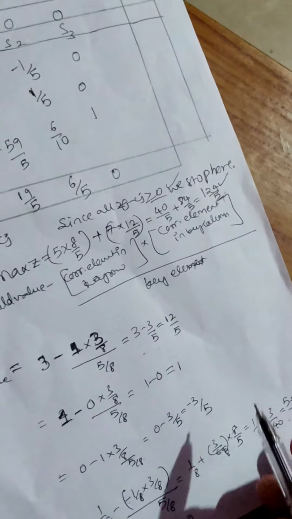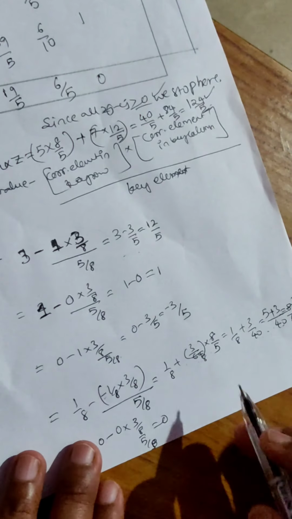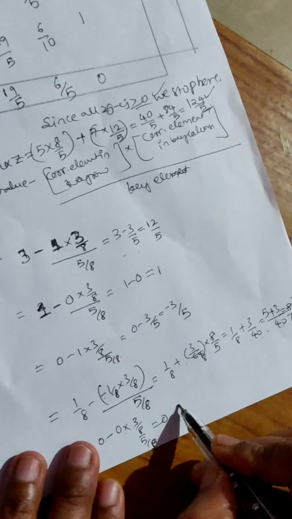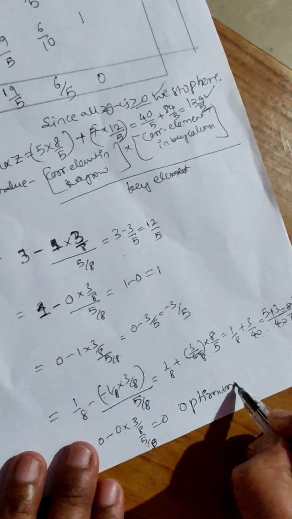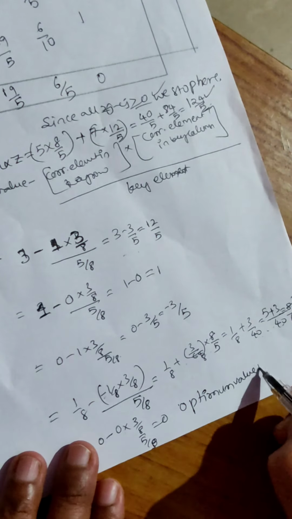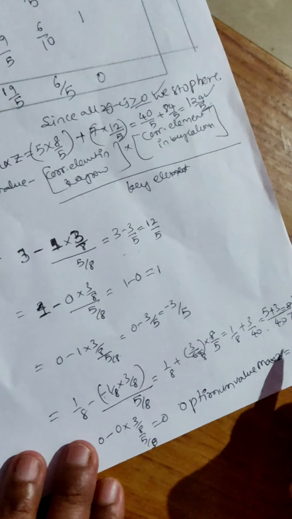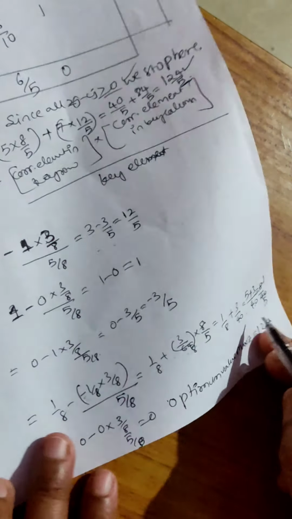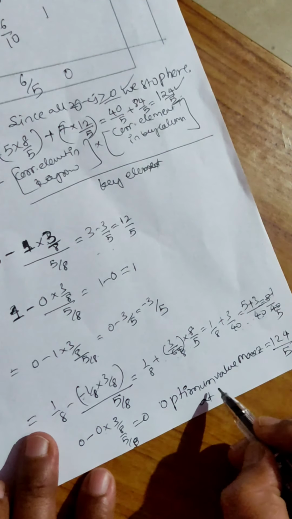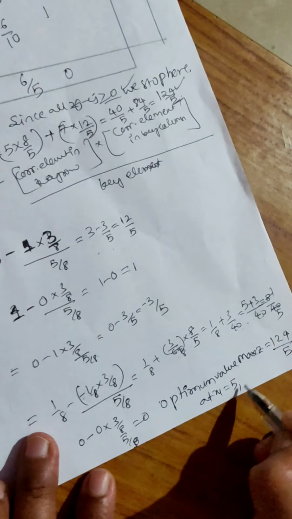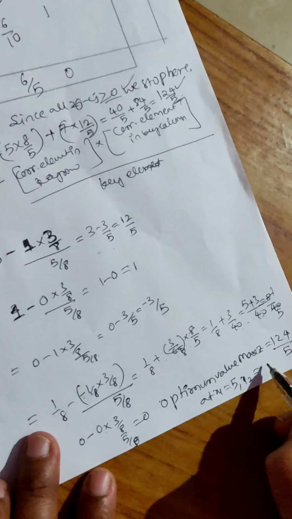Write here clearly, that is, the answer is optimum value max Z equal to 124 by 5 at x1 equal to 8 by 5, x2 equal to 12 by 5.